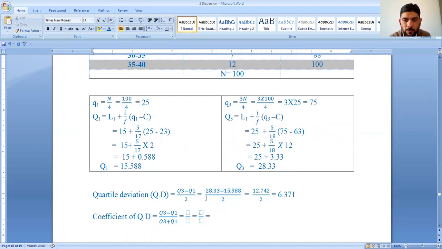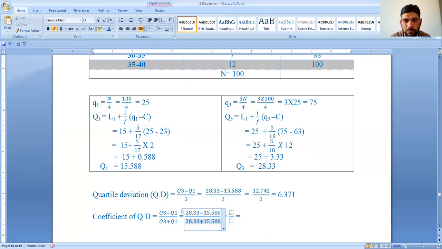6.371. Now we have to find out the coefficient of QD, that is Q3 minus Q1 upon Q3 plus Q1, that is 28.33 minus 15.588 upon 28.33 plus 15.588.